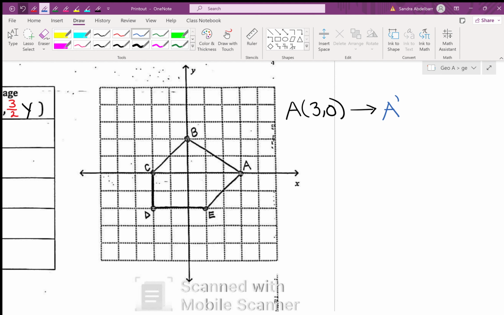And the way we figure out A prime is we're going to take our original A coordinates but multiply each one by the scale factor. So we're going to do 3/2 times the x coordinate, which is 3, and then we're going to do 3 halves times the y coordinate, which is 0.